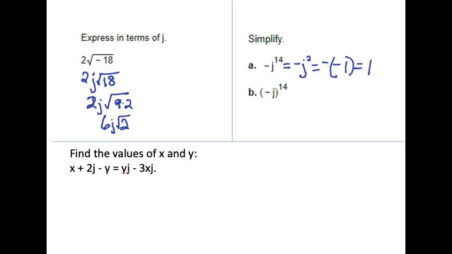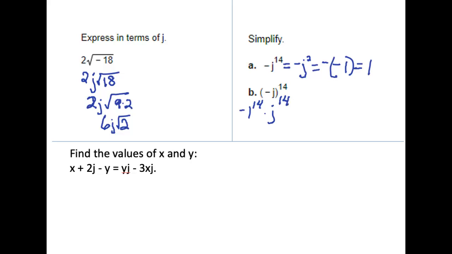Now, when the negative is inside the parentheses, raised to that power, that means I've got to raise the negative to the power as well as the base, j. So I'm really thinking of this as negative 1 raised to the 14th times j raised to the 14th, kind of separating it a little bit.